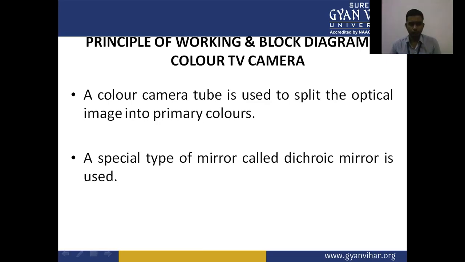The image is focused by the lens, which collects the image and focuses it on the glass face plate, and the electron beam scans the glass plate, correspondingly developing the signal. This signal is amplified, and sync and blanking pulses are added to it, and then the signal is developed at the load.